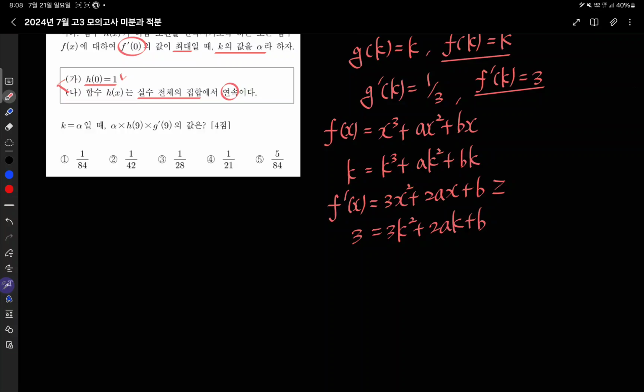So this f prime of x should be greater than or equal to 0. For that case, the discriminant should be less than or equal to 0.